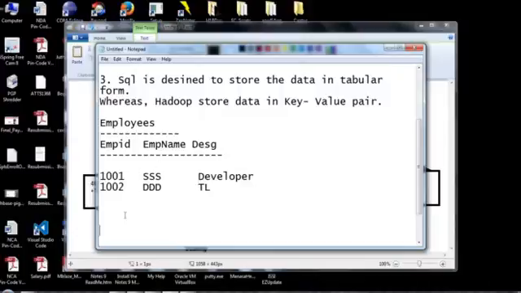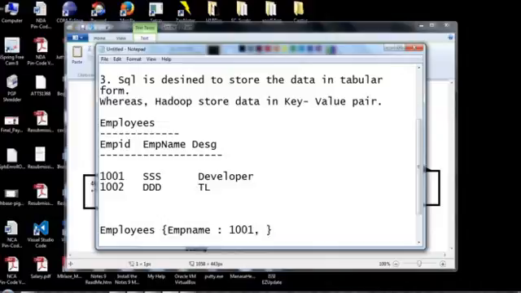But when it comes to Hadoop, it usually stores the data in a key value pair. Suppose you have an employees table, it would look like this. This would be your key, EMP name, and the value.